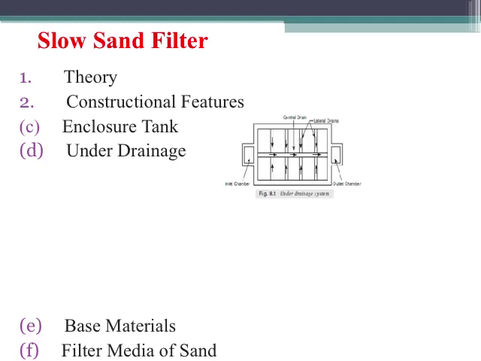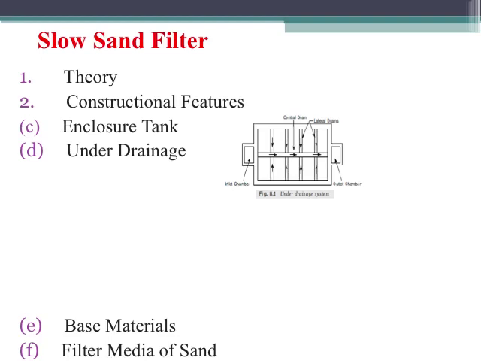We shall understand about the features of the slow sand filter. By the term slow sand filter, we mean that the rate of filtration through this type of filter is very slow. That means it is around 1/20th or less of the rate of filtration in rapid gravity or pressure filters.